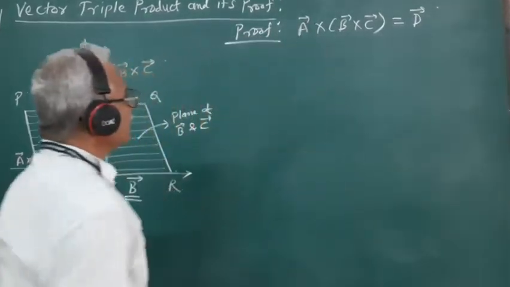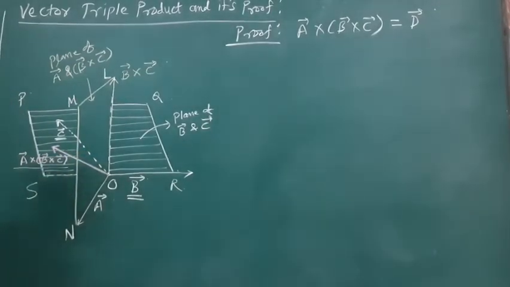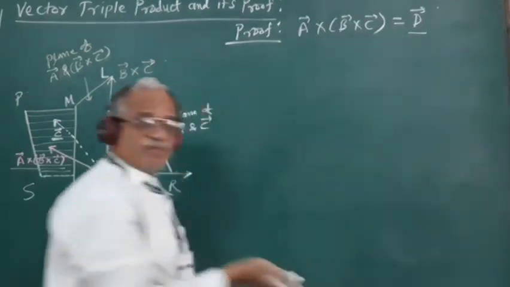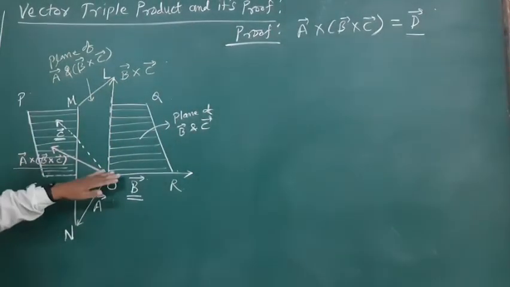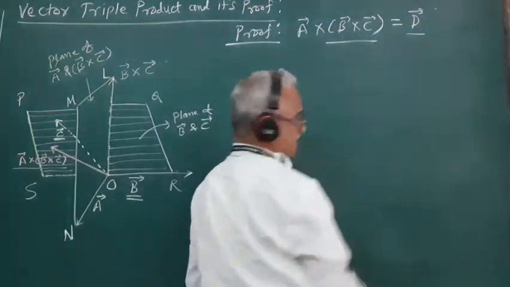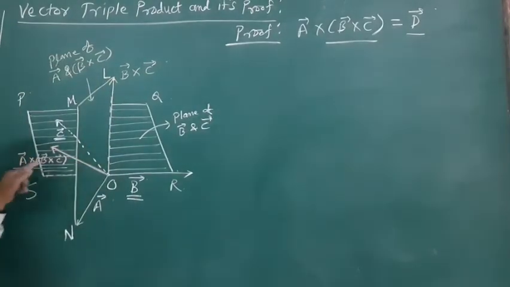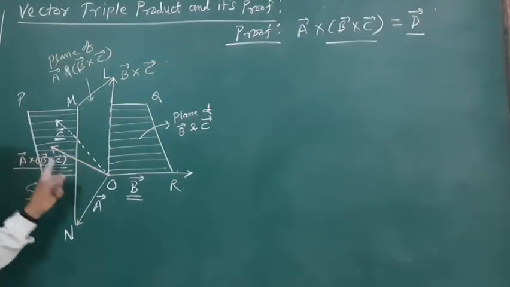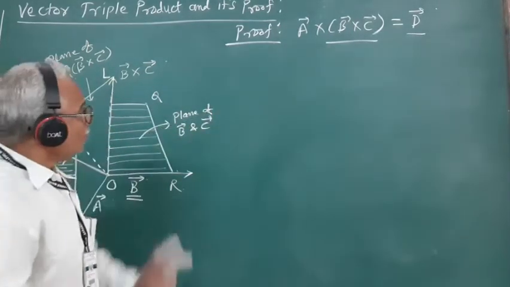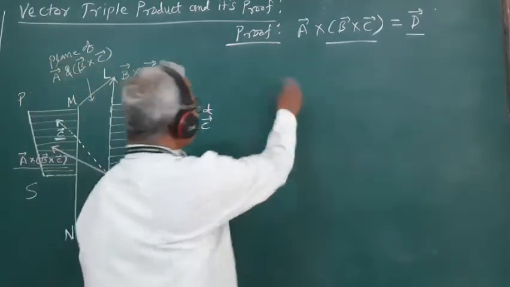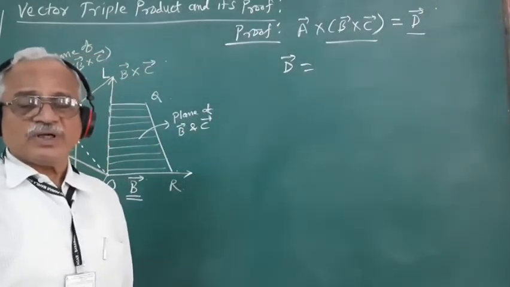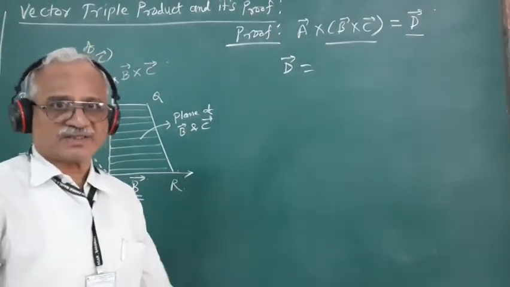expressed like this. We have seen here that this vector D bar, or the vector A bar cross B bar cross C bar, lies in the plane of the two vectors in the parenthesis. So we can express this vector D bar in terms of the components of the two vectors.